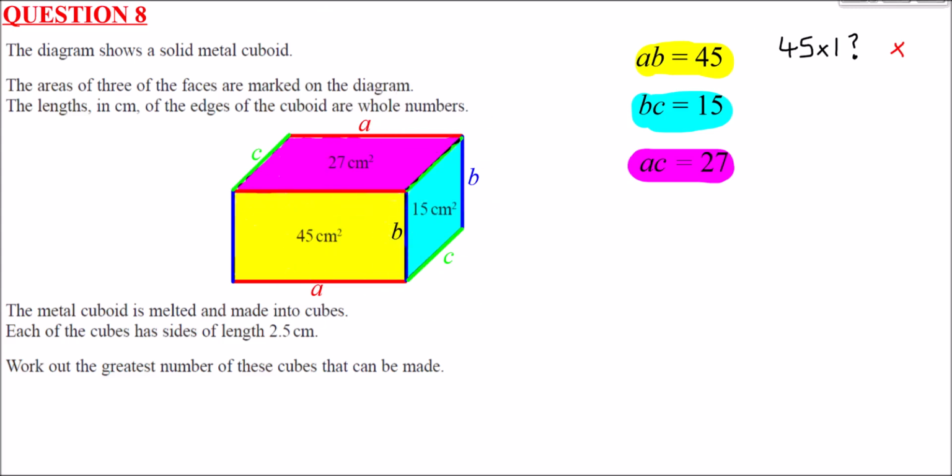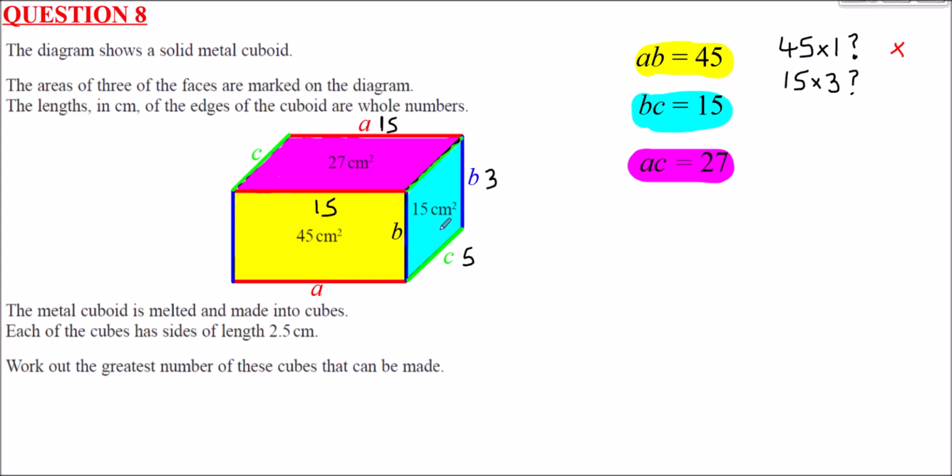So we go back to the drawing board and try something else. Let's make the length slightly smaller. We could have maybe 15 and 3. Would that work? Imagine A is 15 and B is 3. If B is 3, C would have to be 5, because 3 times 5 gives 15.